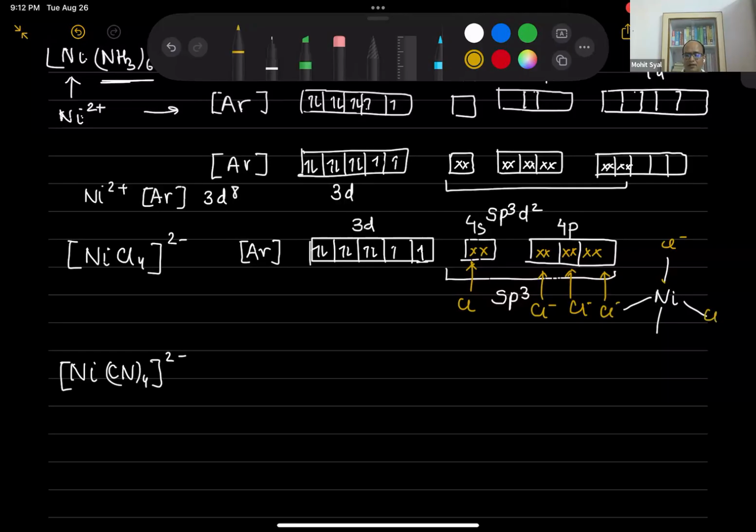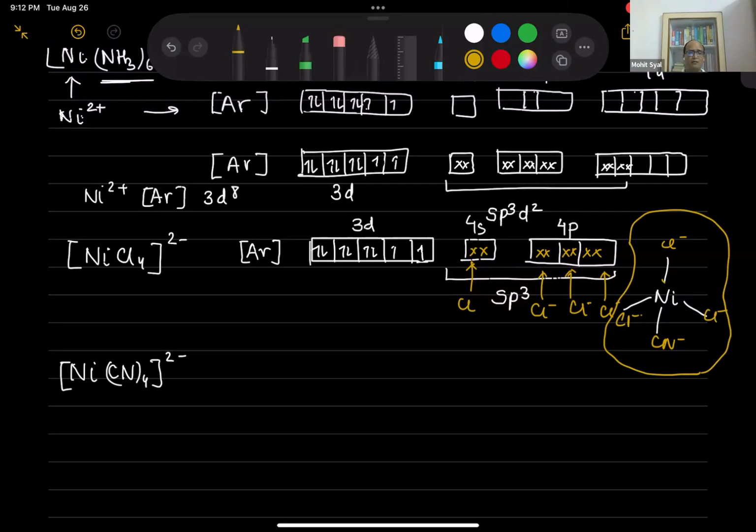Cl minus, Cl minus, Cl minus, and Cl minus. Is it clear?